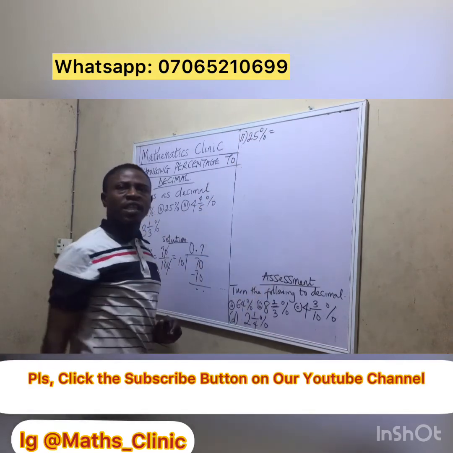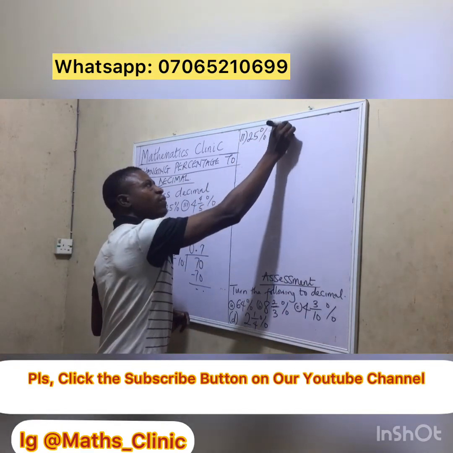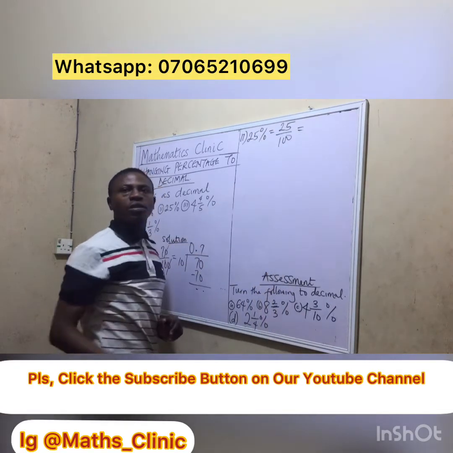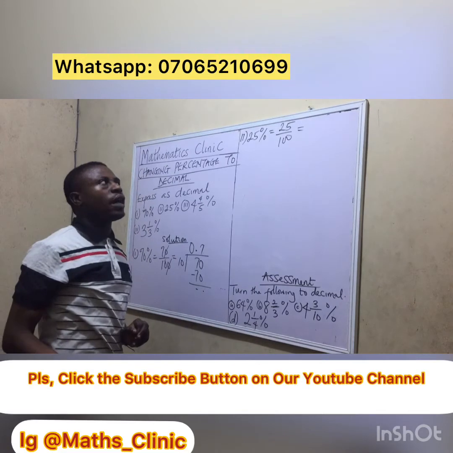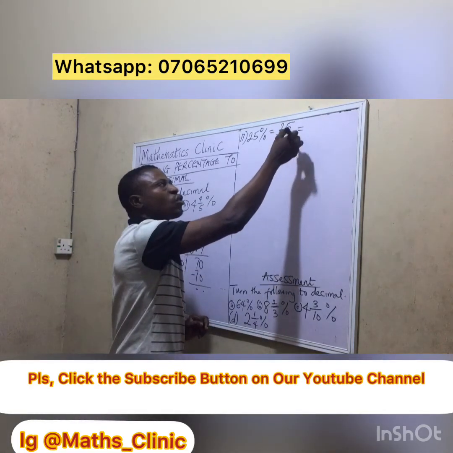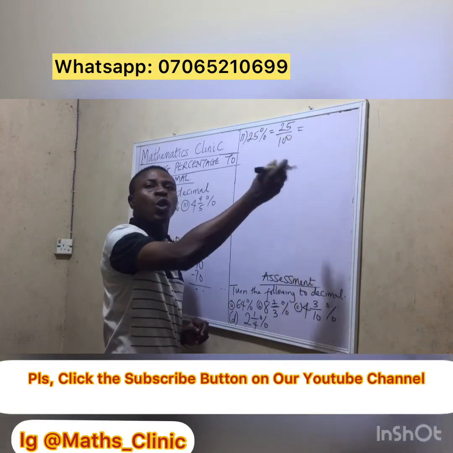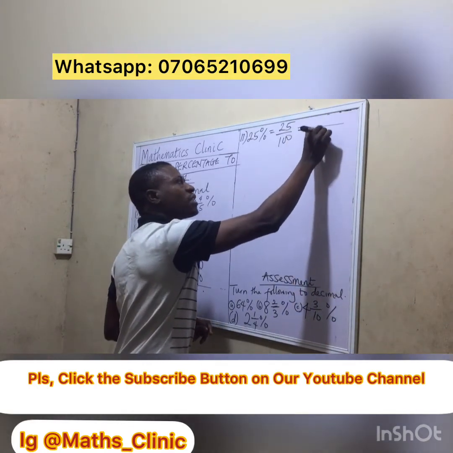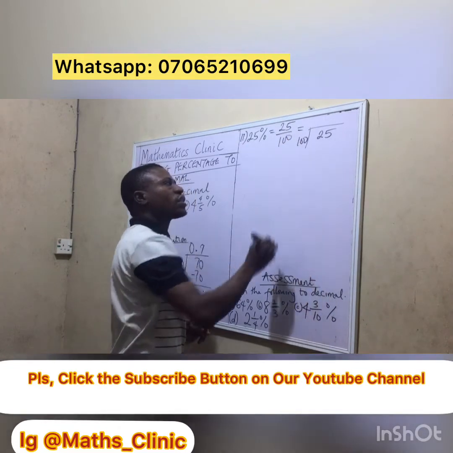Now the second one, that's 25%. Express it as a fraction first. That will be 25 over 100. You can cut it, or you can use the long division method, which is what? 25 will be inside, 100 will be outside.